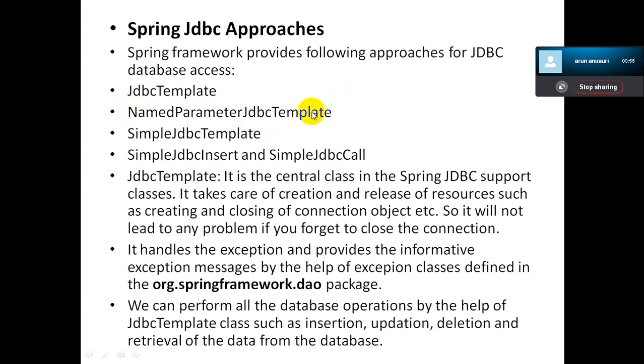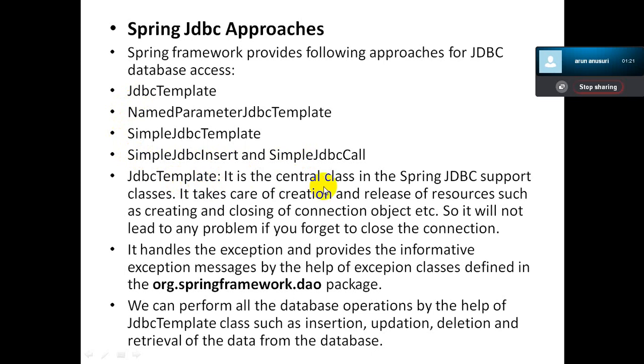Instead of positional, like Hibernate, we can also have named queries in Spring. And to use named queries in Spring, we have to work with named parameter JDBC template, right? And there's also another template called simple JDBC template, which is quite advanced compared with the JDBC template. We'll have a look. So we got even simple JDBC insert and simple JDBC call.